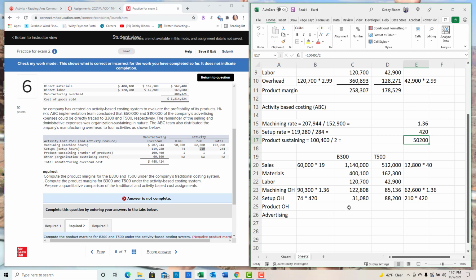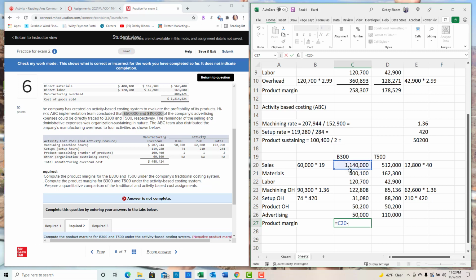Each one would have 50,200 multiplied by 1. So 50,200, 50,200. And then finally, the advertising costs that were given, 50 and 110. Now, under ABC, to calculate our product margins, we're just going to take the sales and subtract all of the remaining costs.